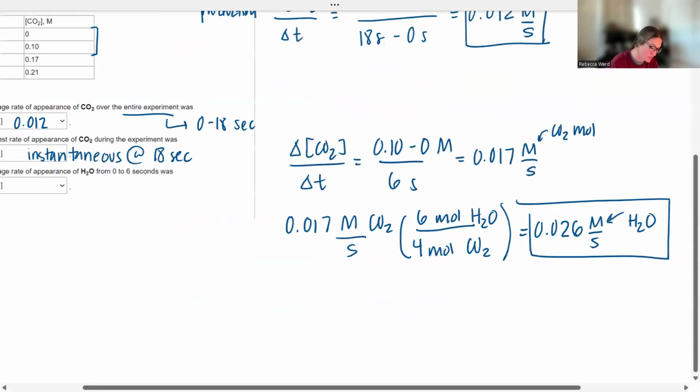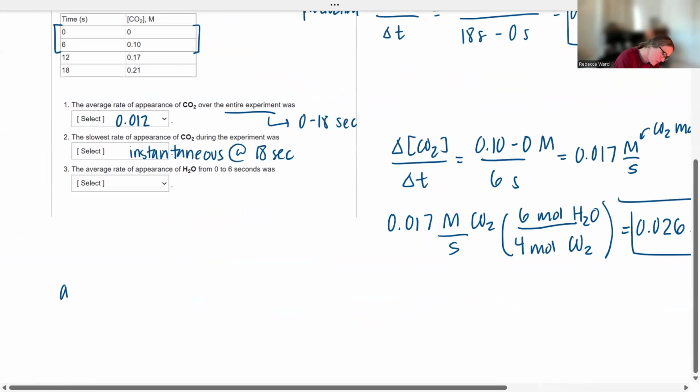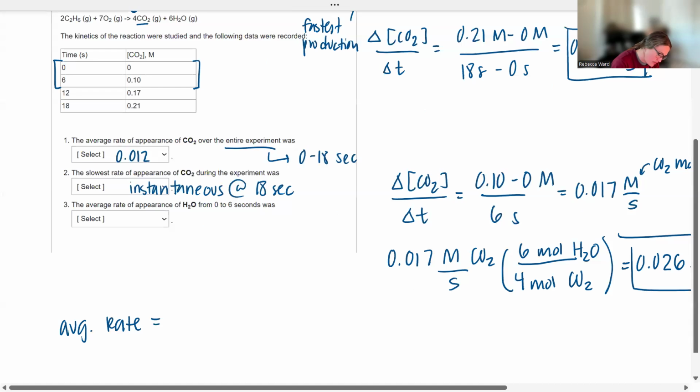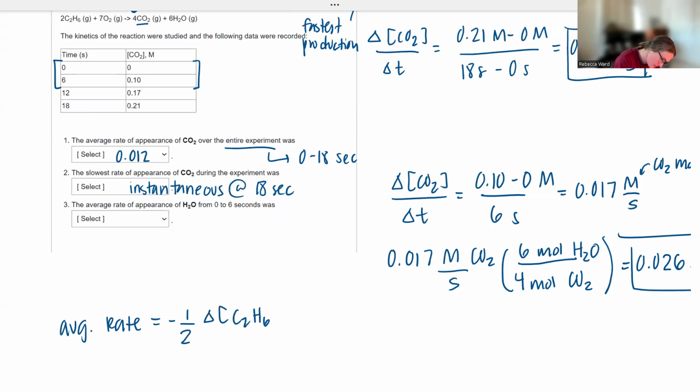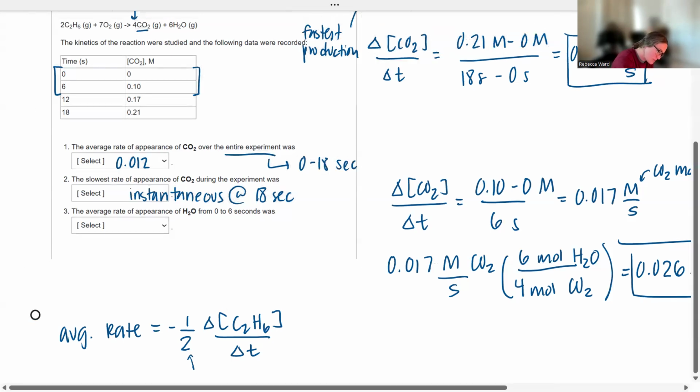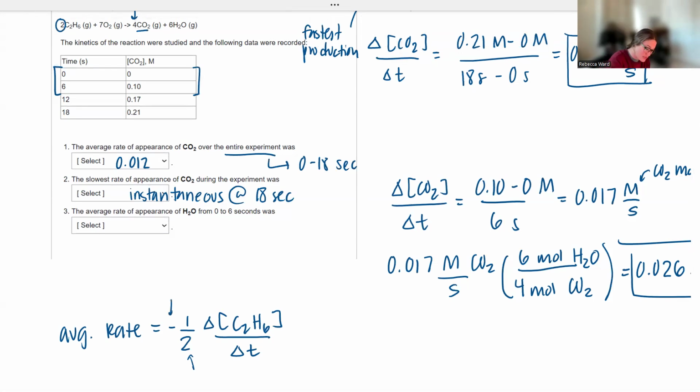The average rate equation I'm talking about is what we brought up in class today. We said average rate, and in this case, if we wanted to write this whole thing out, which I don't really want to, but let's be thorough. Our disappearance or consumption of ethane has this 2 here. We're going to put our stoichiometric coefficients in the denominator in front of that. This is negative because this is going to be a negative number, and we want to set this equal to production rates as well.